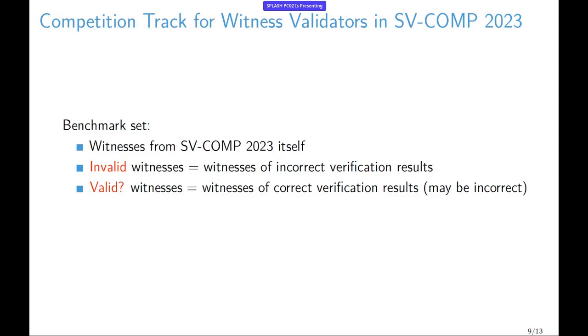Now a verifier reports that this program has a bug, but the witness describes a different path. And on this path, there is no bug, right? Then the result is correct, and a violation witness is given, but the violation witness might describe a different situation. Therefore, we use the question mark in "valid", right?